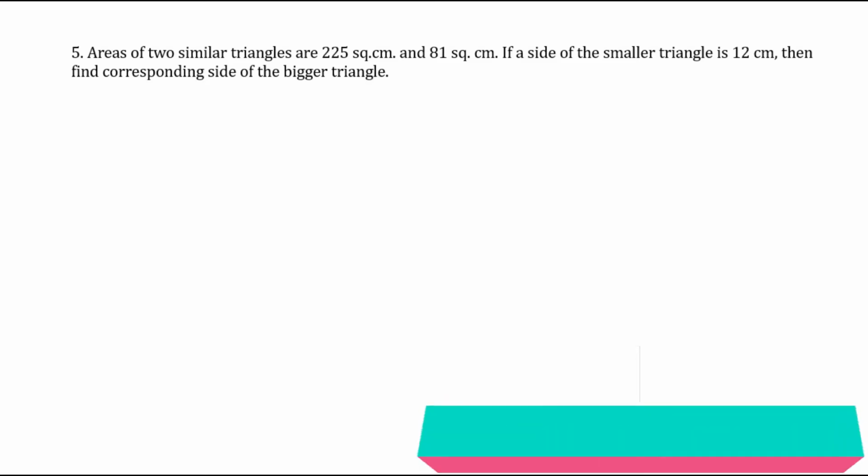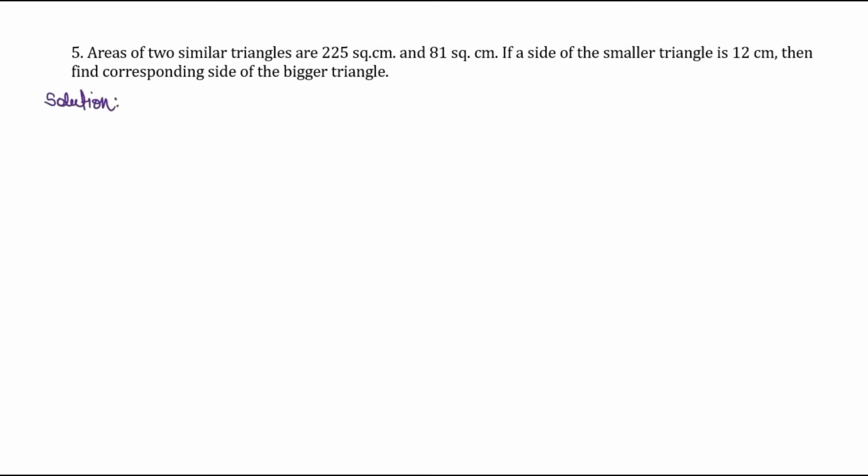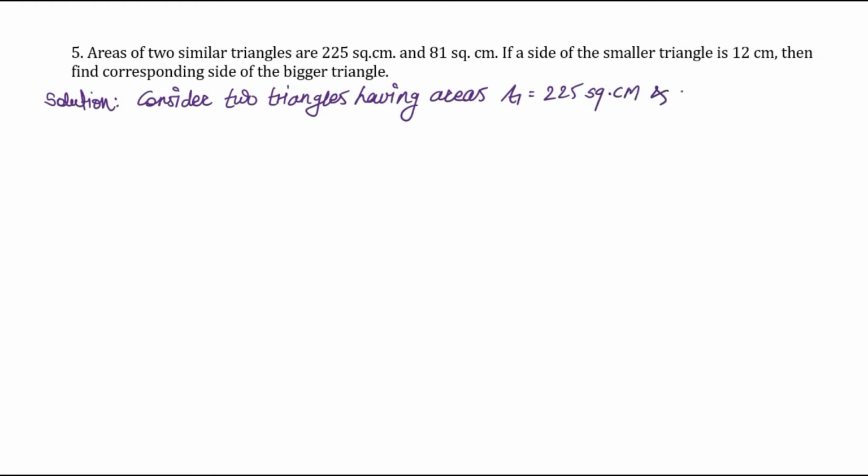Now, first of all, we have to consider their areas as A1 and A2. So, consider two triangles having areas A1 is equal to 225 square centimeter and A2 is equal to 81 square centimeter.